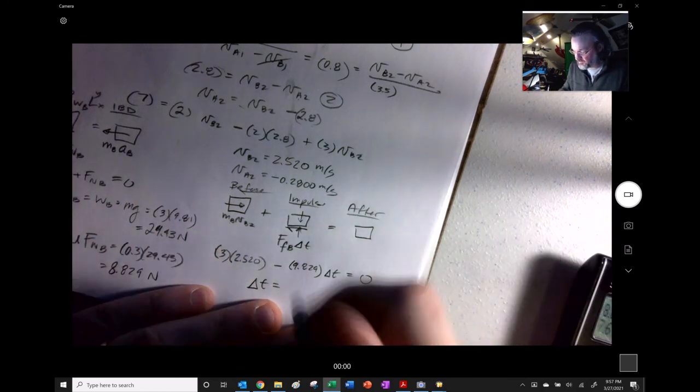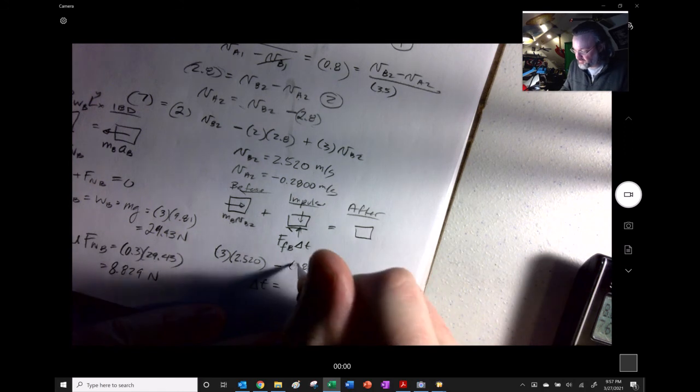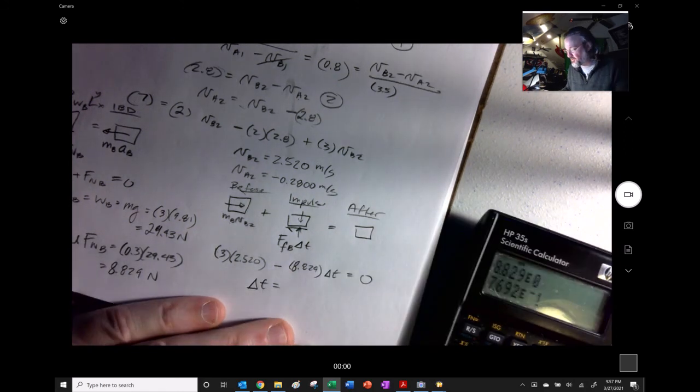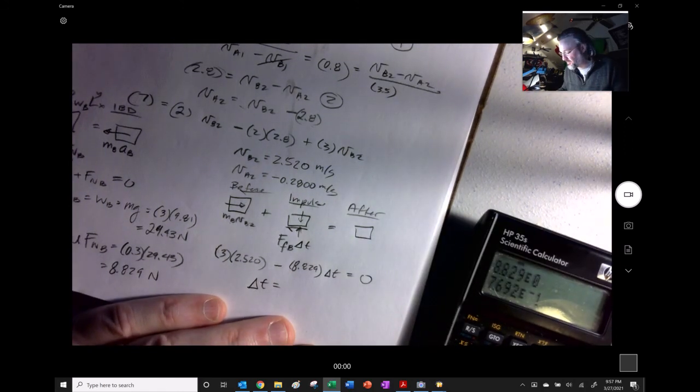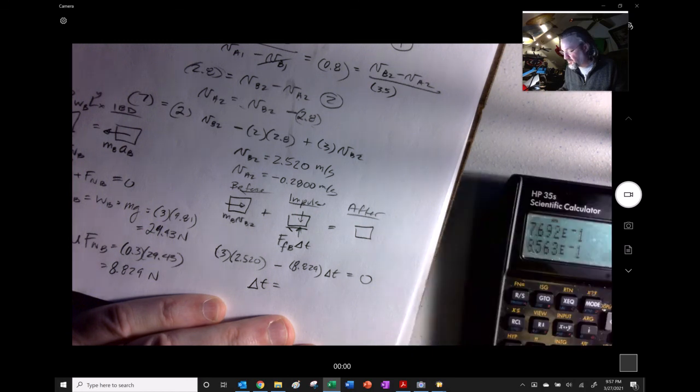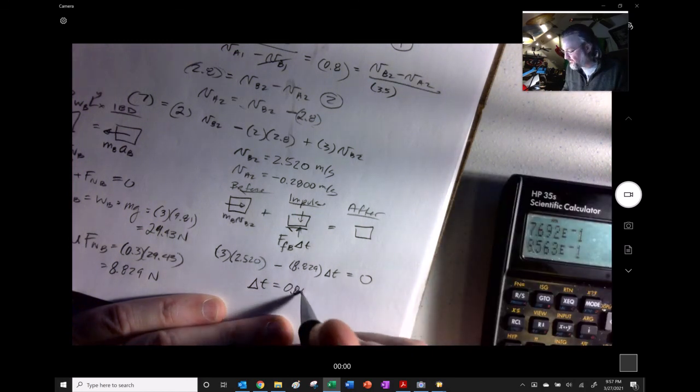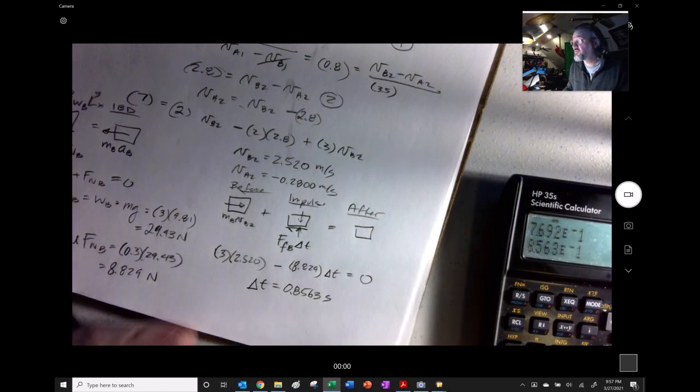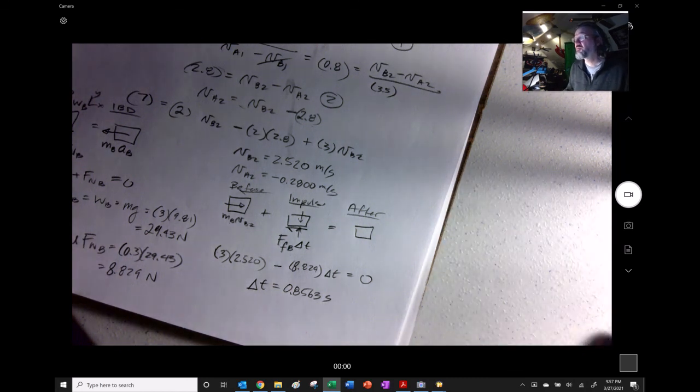I put it in right, and there it is. 3 times 2.52 divided by the friction force, I get 0.8563 seconds. I try to change numbers up a little bit so that people would get something maybe a little bit larger than this. A couple people had something along those lines.